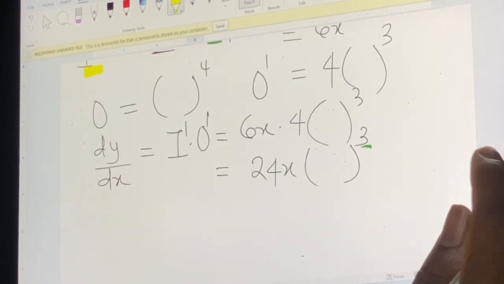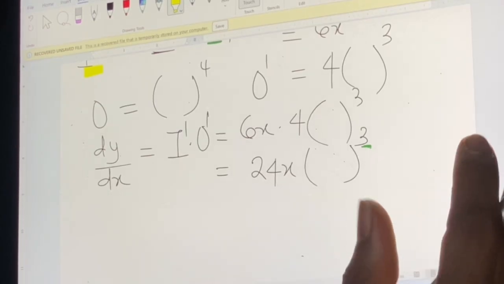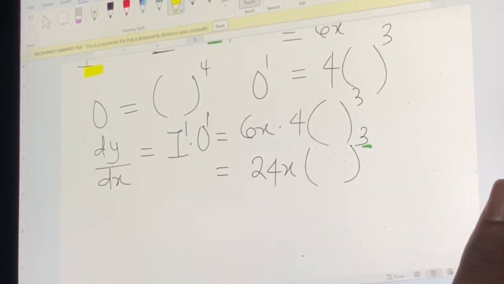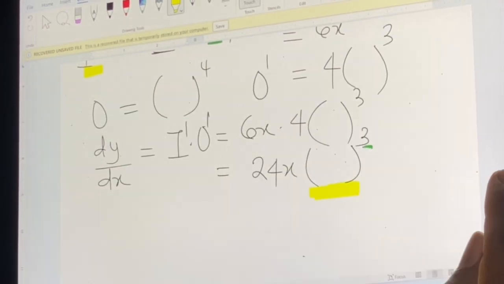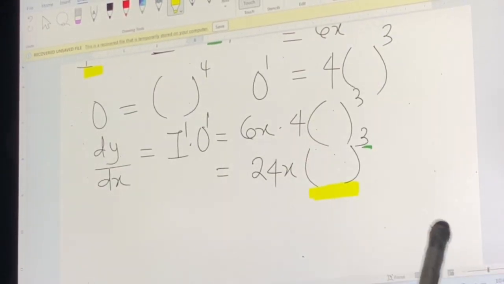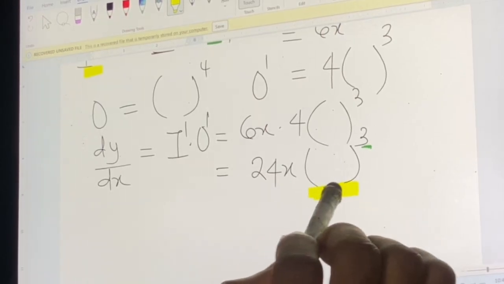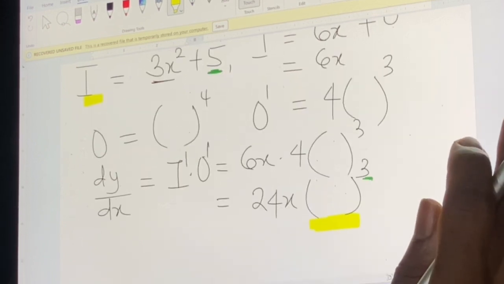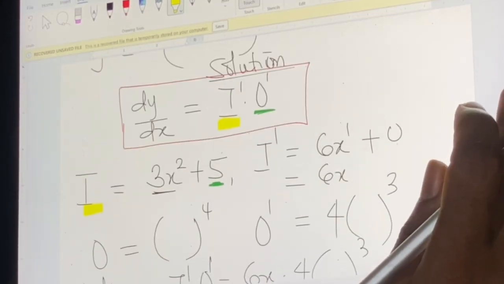Now what is the next thing to do here, class? In mathematics we don't have anything as an empty bracket. What you have to do here is to fill in this gap, this bracket. The question now is what will be replaced in this bracket. What will be replaced in this bracket is the expression inside the bracket from the equation. So let's go to the equation. What is inside the bracket in the equation?